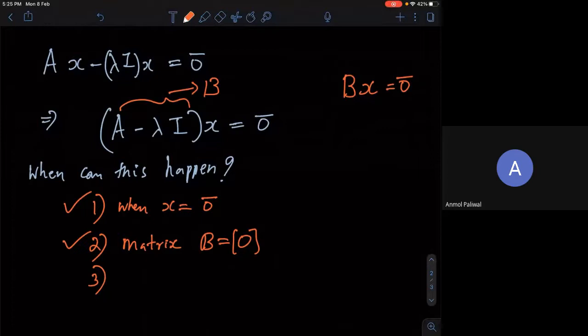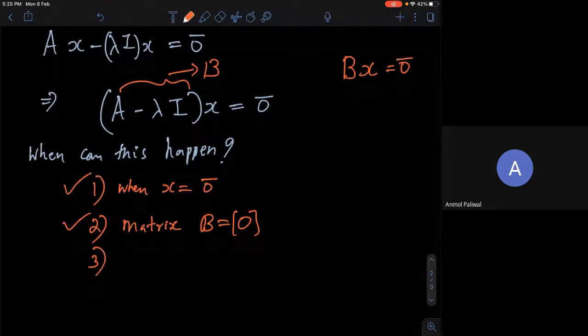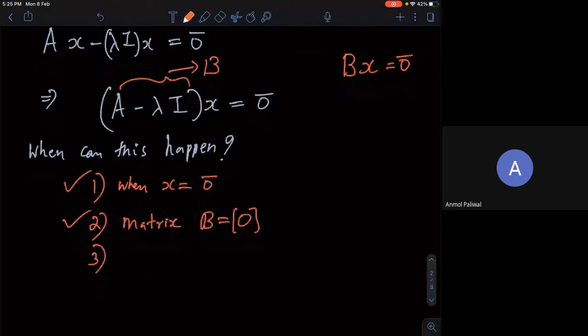The rows of B are perpendicular to this vector x. So rows of B are, I'm going to denote this as perpendicular to x. So this symbol is perpendicular. Good answer. This is correct.